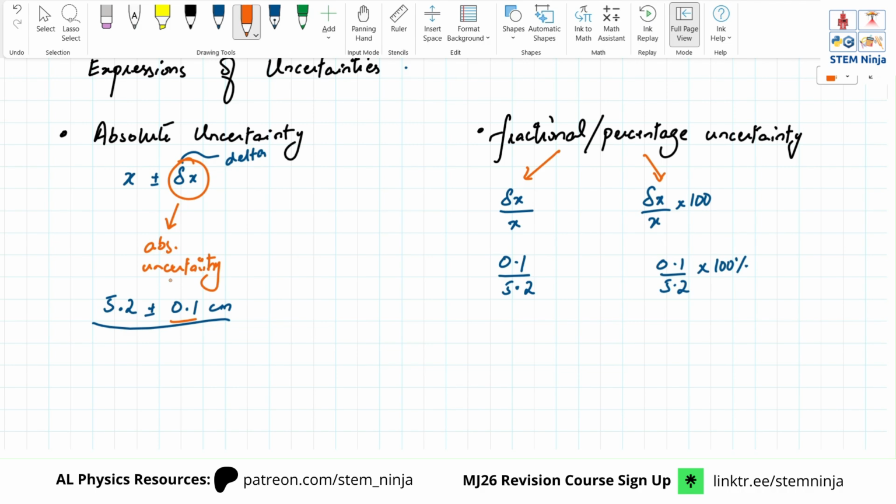Notice that the decimal places that we have written for the absolute uncertainty agree with the mean value over here. So this is something that you need to be very careful about.